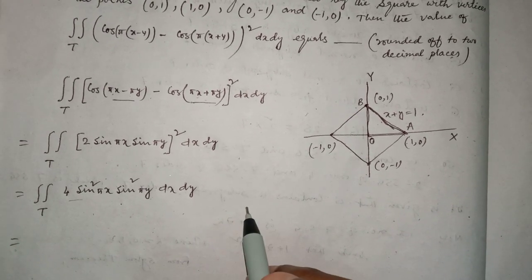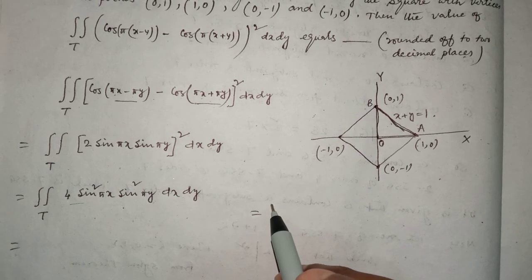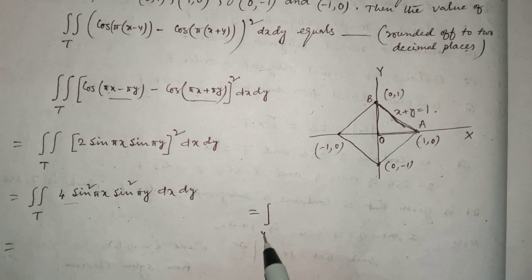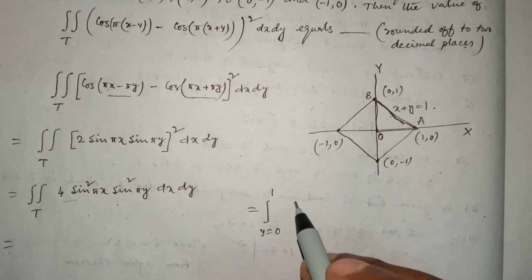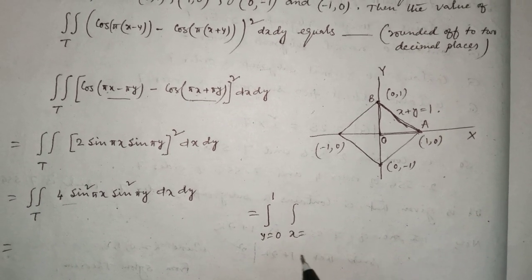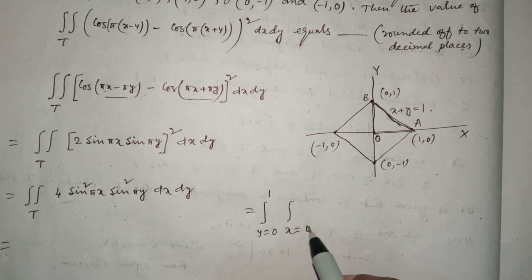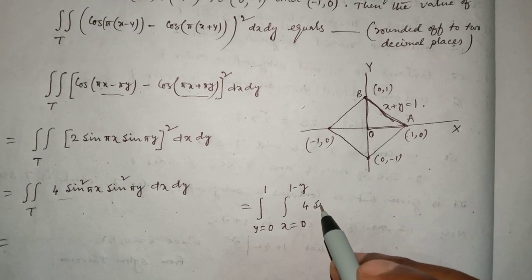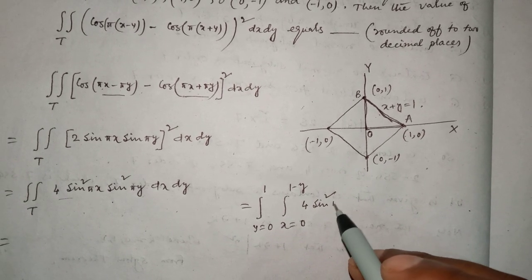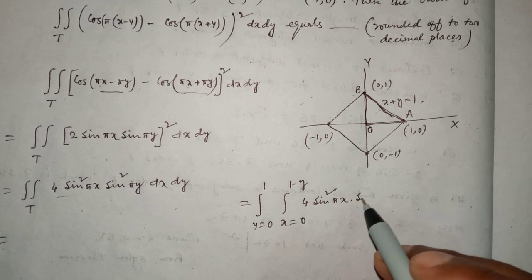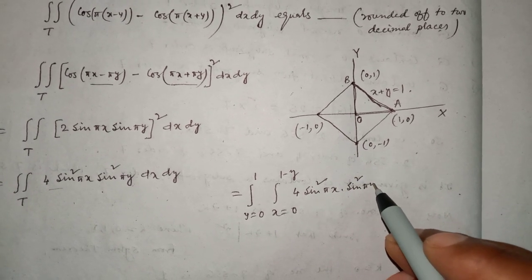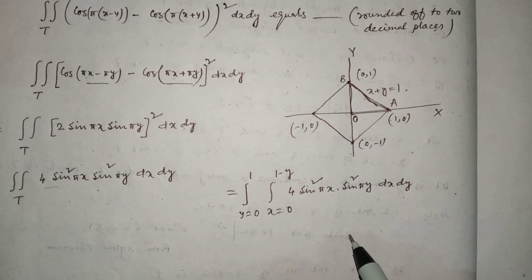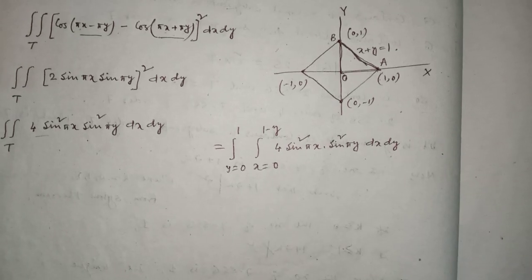So this equals integration y is equal to 0 to 1, x is equal to 0 to 1 minus y, 4 sin square πx into sin square πy dx dy.